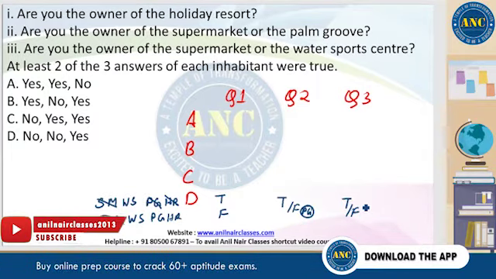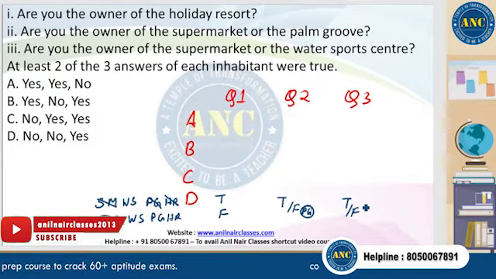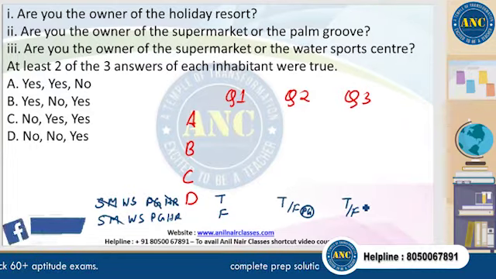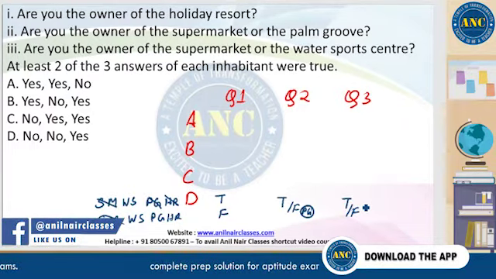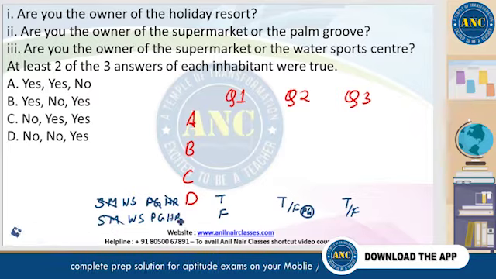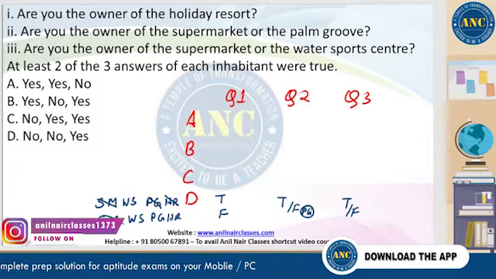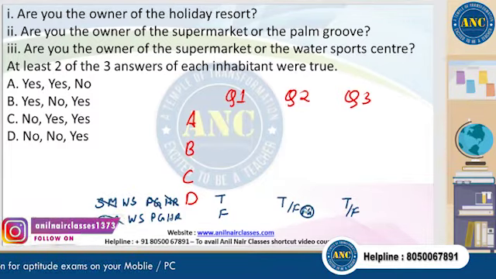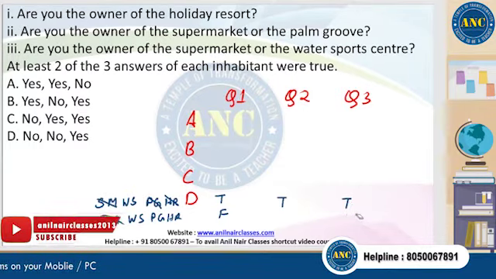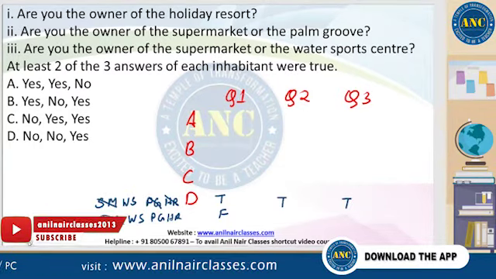We cannot have two false statements, since at least two of the statements were true. Which means this case is negated. So as of now, this case looks fine and the other case looks out. We can remove this. The false is not working, but we'll check another case for false.